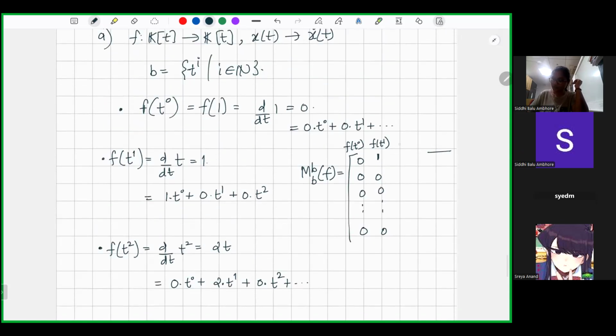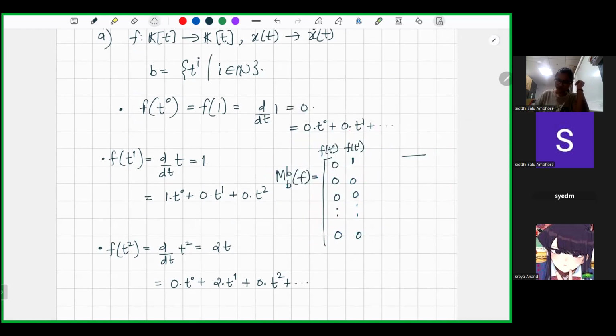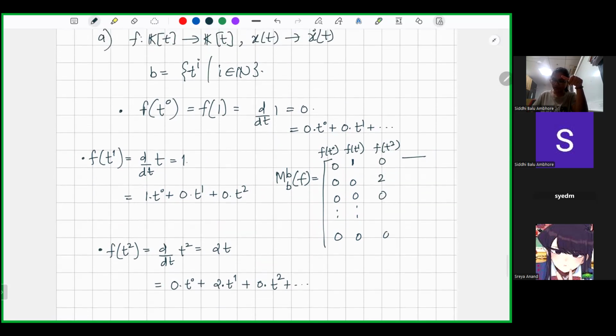So this f of t squared is giving me 0 as the first entry for t to the power 0. The second is 2. Then I'm again getting 0 and so on.